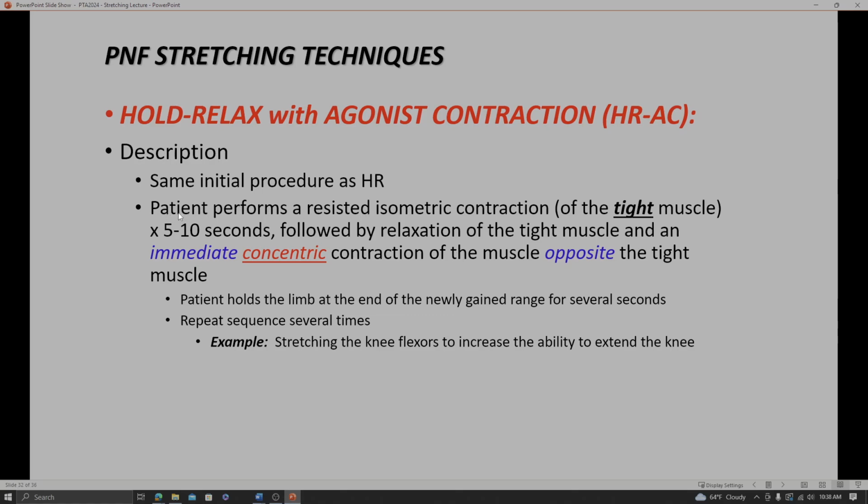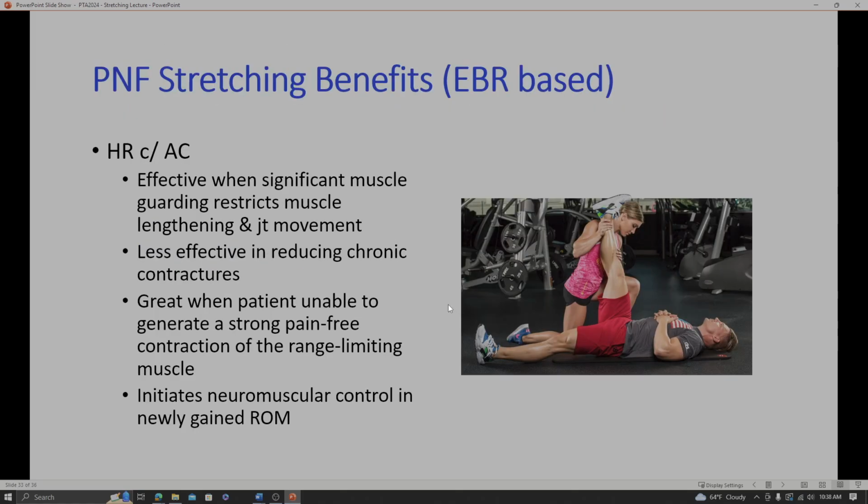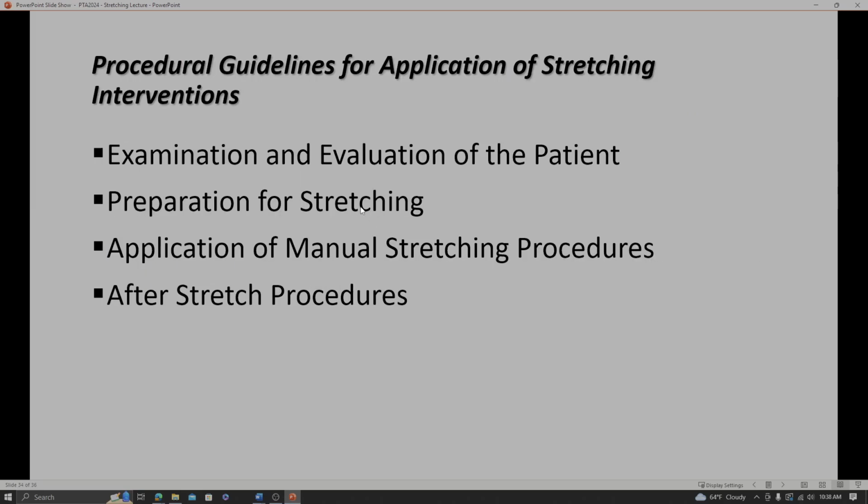They'll go through the hold relax, stretching out, let's just say the hamstring. They'll have an isometric contraction of the hamstring, followed by a concentric contraction of the quad immediately following, right? In this case, the antagonist. So these help a lot. Those are some useful PNF patterns you can use.